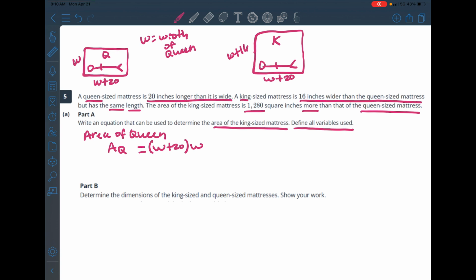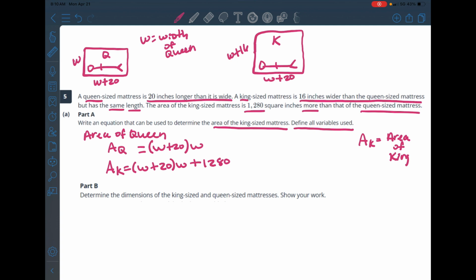So I could say AK, and over here I would define my variable. That would be area of king. Would be what my area of my queen is, plus the 1,280 inches.